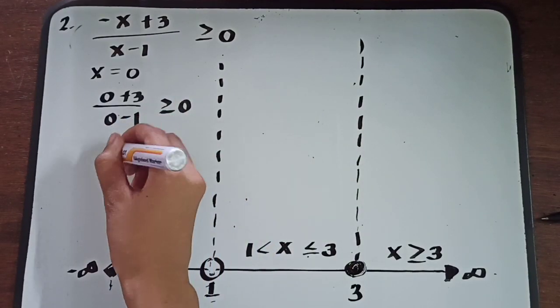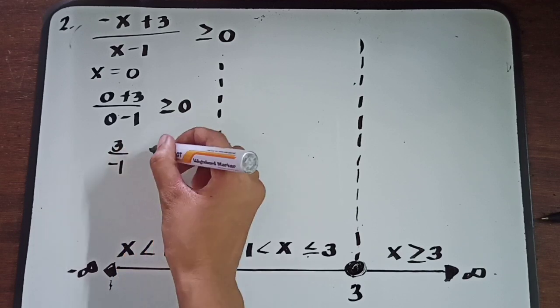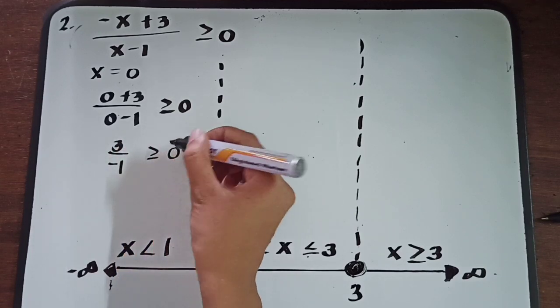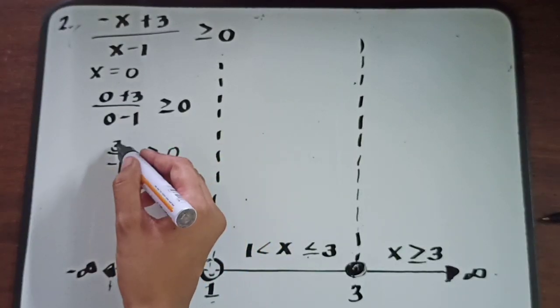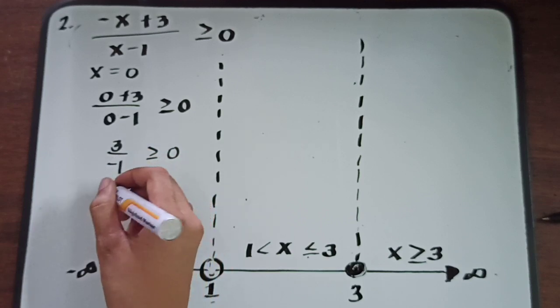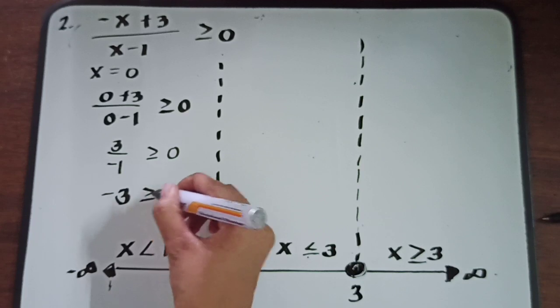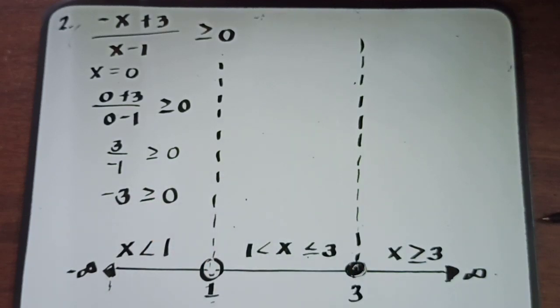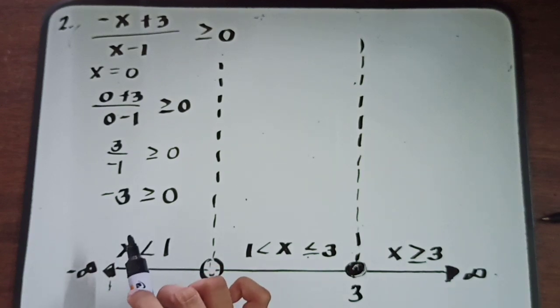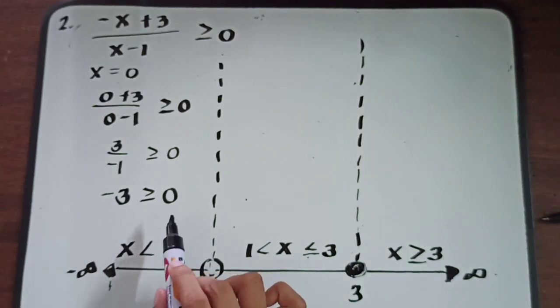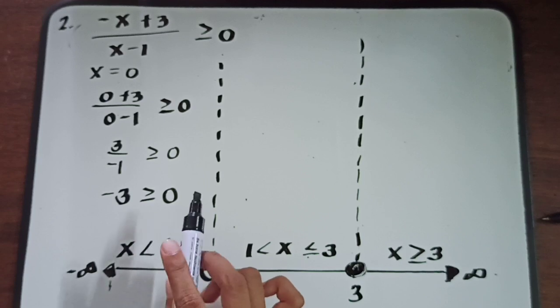So, that is 3 over negative 1, which is greater than or equal to 0. And this 3 over negative 1 is equal to negative 3, which is greater than or equal to 0. So, kung mapapansin nyo, yung negative 3 is not greater than or equal to 0. Okay?